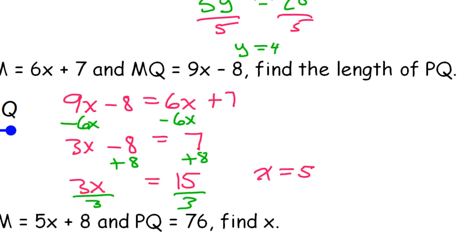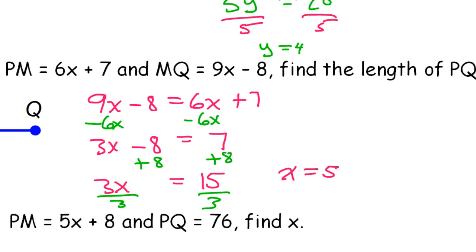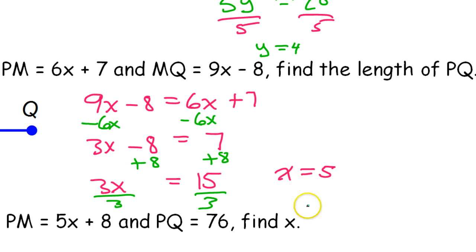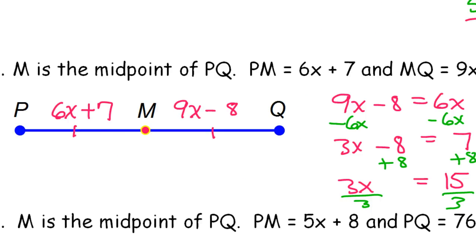Okay, now we're supposed to find the length of PQ. But let's use the fact that x is equal to 5. So now that we know that x is equal to 5, if we substitute that in, this becomes 6 times 5 plus 7. And it should be the same thing if we do 9 times 5 minus 8. Let's check it out. Well, 6 times 5 is 30 plus 7, that is 37.